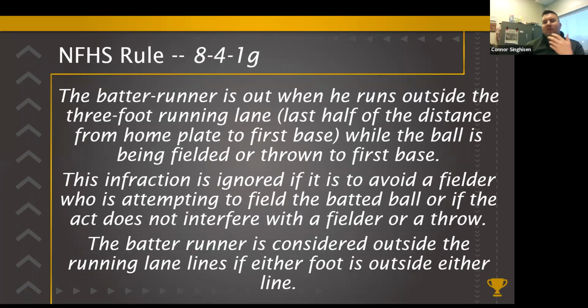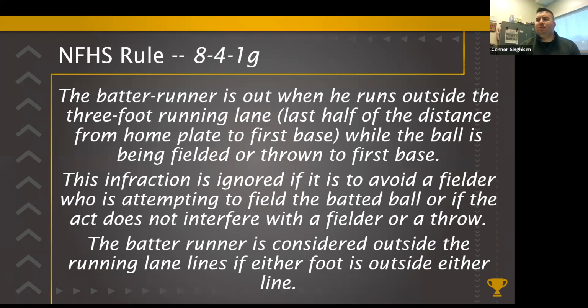So the first thing we're going to do is cover 3 different rule sets today: National Federation of High Schools, NCAA, and OBR, or official baseball rules. NFHS under Rule 8-4-1g: the batter runner is out when he runs outside the 3-foot running lane, which is marked by the last half of the distance from home plate to first base, while the ball is being fielded or thrown to first base.